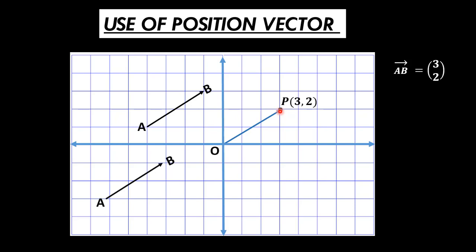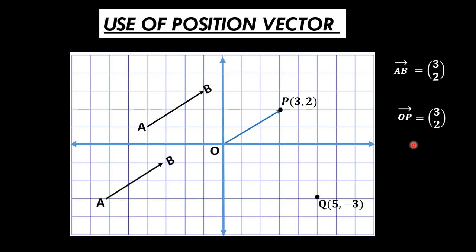And if I want to write now the column vector for OP, then it is going to be 3 units in x direction and 2 units in the y direction. Students, we can consider any other points. Let's say it is Q having the x coordinate equals to 5 and its y coordinate is equals to -3.